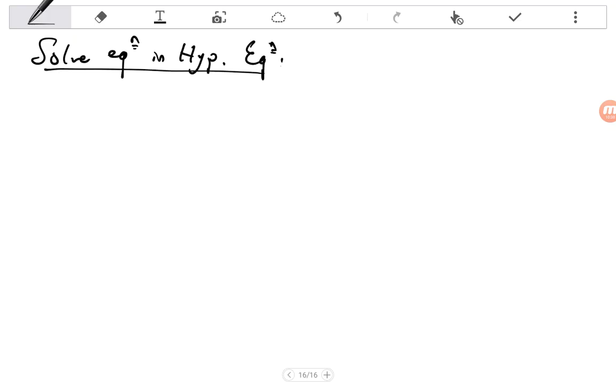Now we learn about the inverse hyperbolic functions in order to solve equations in hyperbolic functions. Solving any equation may encounter inverse functions. And we learned that the set of solutions are always expressed in terms of the inverse function. The inverse function has just one value, but for a given equation, I may have more than one solution. For example, if I told you that x squared is equal to 4, this is an equation.